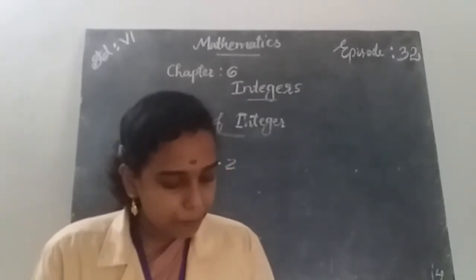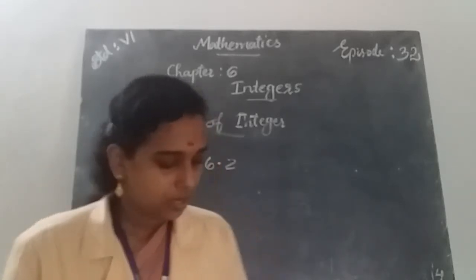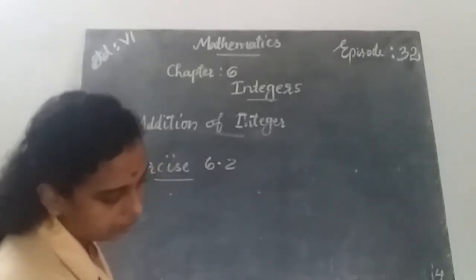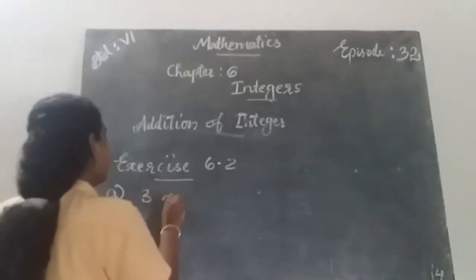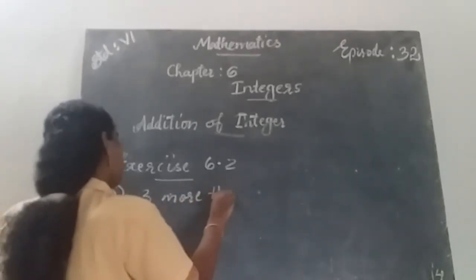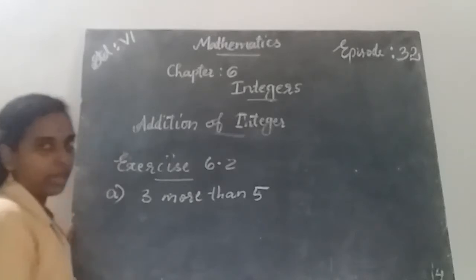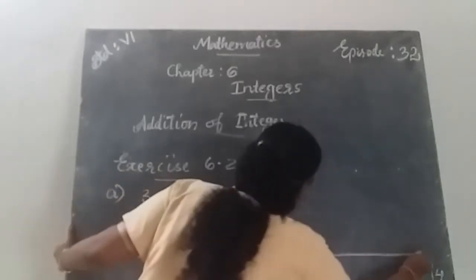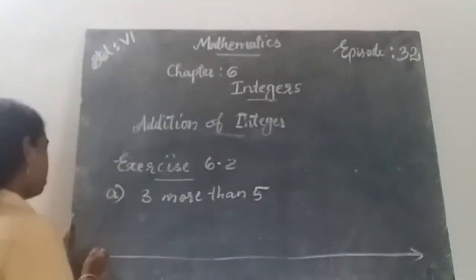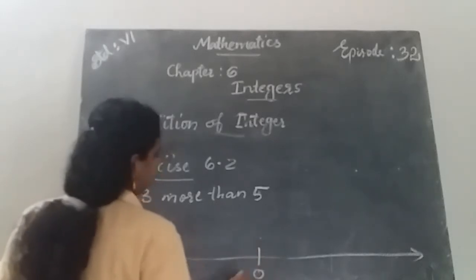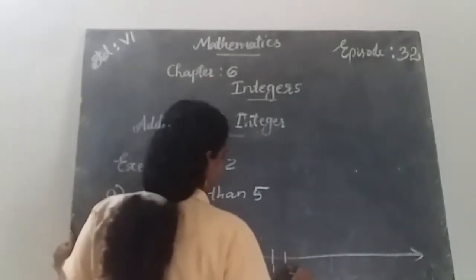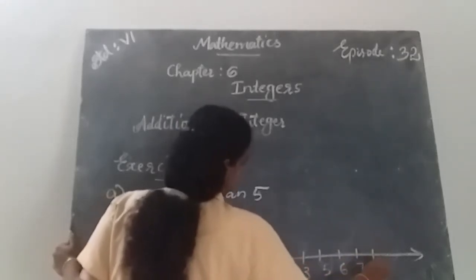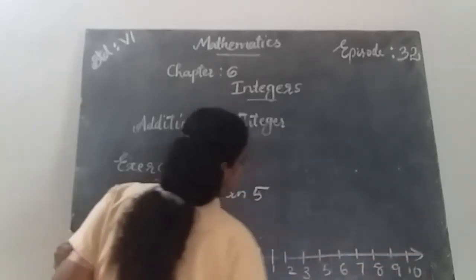First question, using the number line, write the integer which is 3 more than 5. So by using a number line, we draw a number line and mark the points 0, 1, 2, 3, 4, 5, 6, 7, 9, 10.